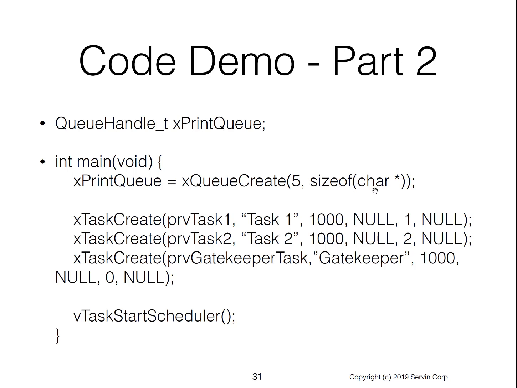In this case, the size of a char pointer, in other words, the size of a pointer, and 5 slots of that. Then we create task 1, we create task 2, and we create our gatekeeper task. If task 1 or task 2 tries to do this print string, it's going to be handled by this gatekeeper task. And of course, once we have all that set up, we then start the scheduler.